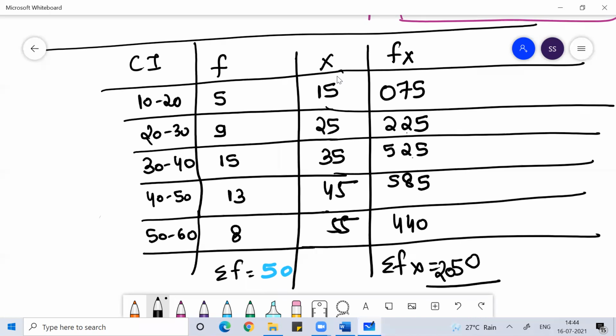The sum of fx is 2050. Let me know if I do any calculation mistake. Sum of fx is 2050, and then the sum of f is 50.